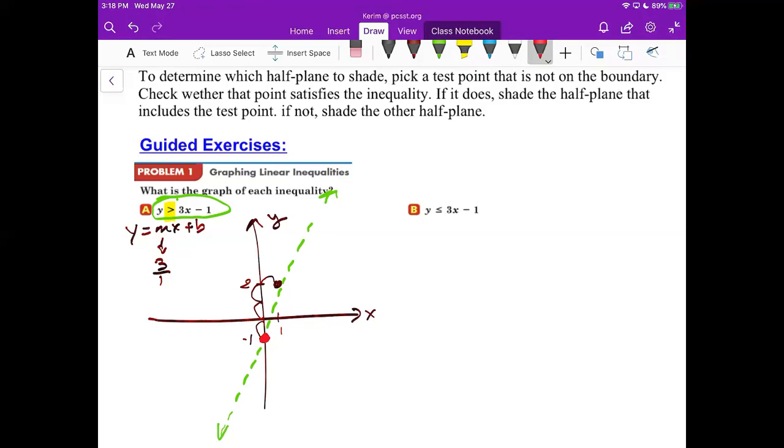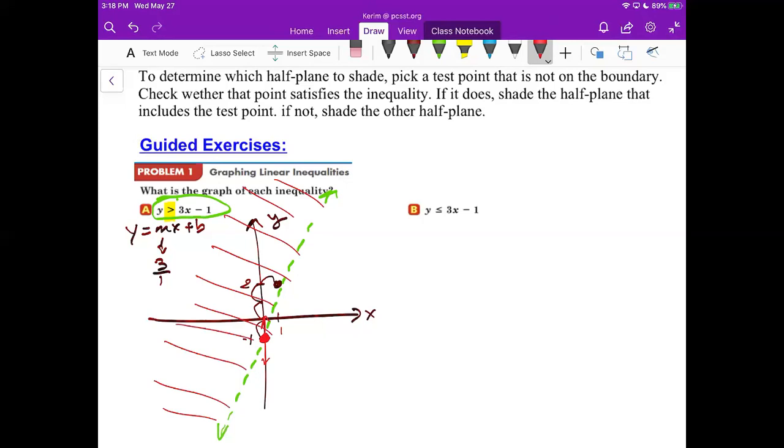It says y greater. Above is greater than below, because when I go up, I get positive results, and when I go down on this line, I always get negative results. So above is greater. My inequality says y greater, so I'm going to shade above this line.